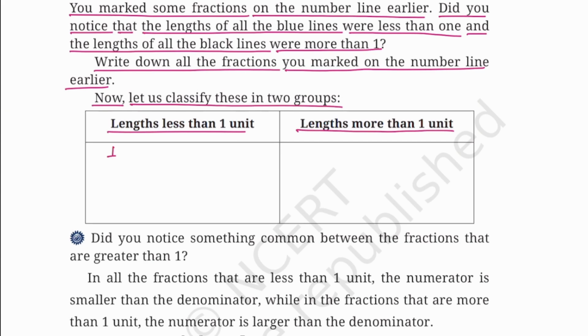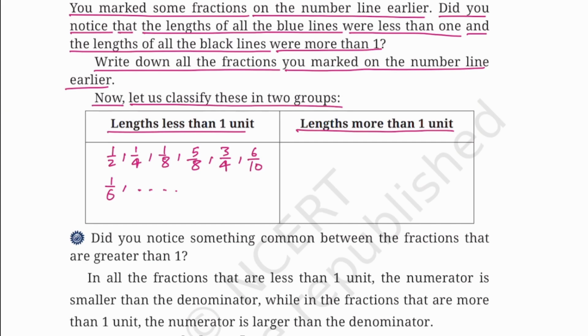You can write here 1 upon 2, 1 upon 4, 1 upon 8, 5 upon 8, 3 upon 4, 6 upon 10, 1 upon 6, and so on, whose numerator is less than denominator, and length more than 1, that is, whose numerator is greater than denominator.